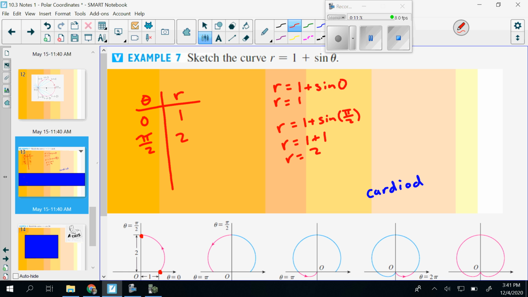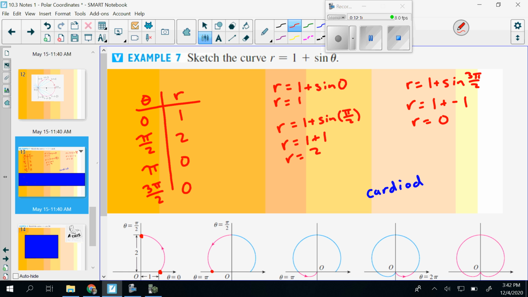If you continue on and find more points at pi, if you put pi in here, sine pi is also 0, so there you get the point right there. If you were to do sine of 3 pi over 2, that ends up being negative 1, and so if you do that one, you get 1 plus negative 1, which is going to be 0, so that would be the point there.